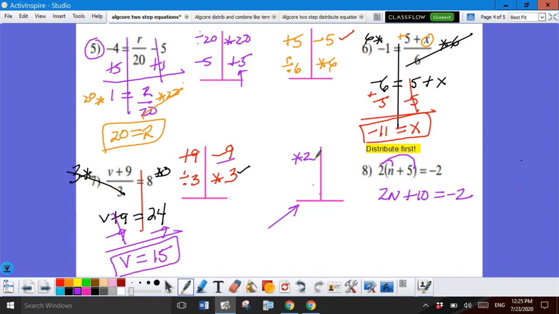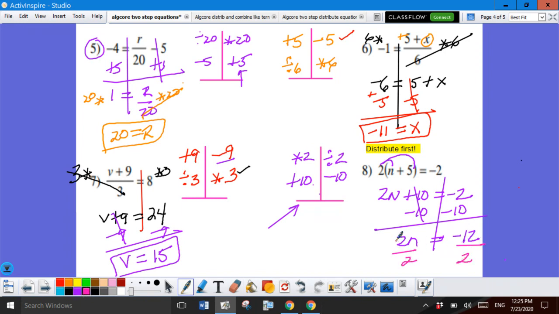So times 2, divide 2, plus 10, minus 10. So I'm going to subtract my 10. 2n, cross out. That's a negative 12. Divide by 2, cross out. N equals a negative 6, and I have my answer.